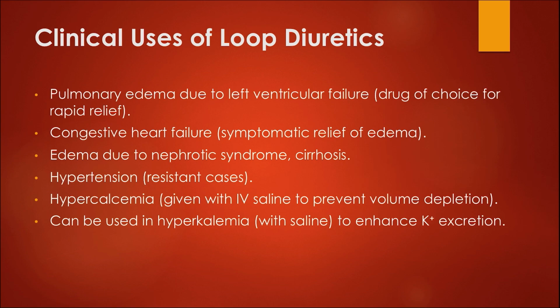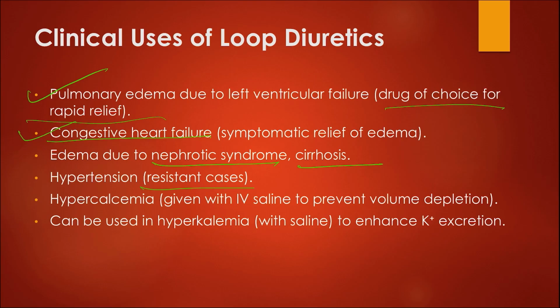Now, when should we use loop diuretics, or what are the indications or clinical uses of loop diuretics? If there is edema, whether that edema is due to congestive heart failure, nephrotic syndrome, or cirrhosis, or if it is pulmonary edema, loop diuretics are given. In case of pulmonary edema, for symptomatic or rapid relief, loop diuretics are the drug of choice.